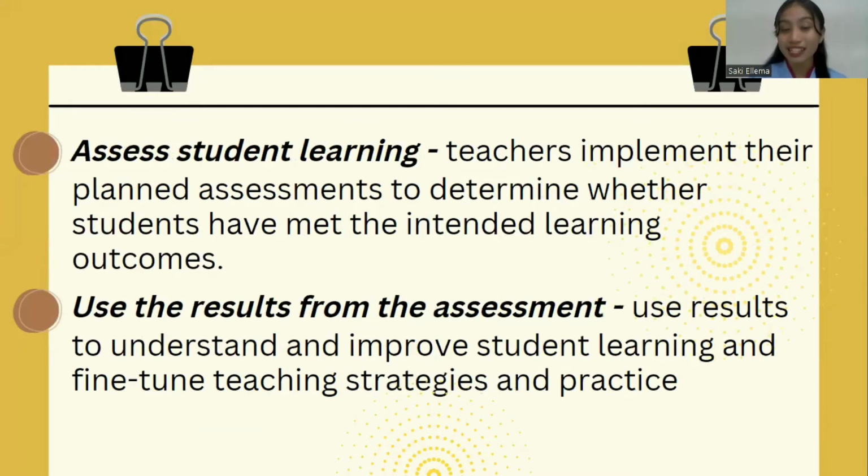Then we need to assess student learning. Teachers implement their planned assessments to determine whether students have met the intended learning outcomes. And lastly, use the results from the assessment. We need to use results to understand and improve student learning and fine-tune teaching strategies and practice.